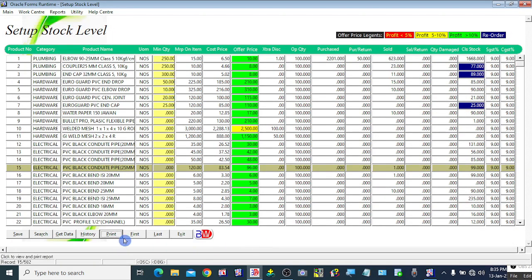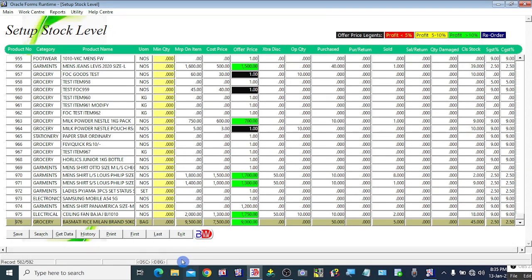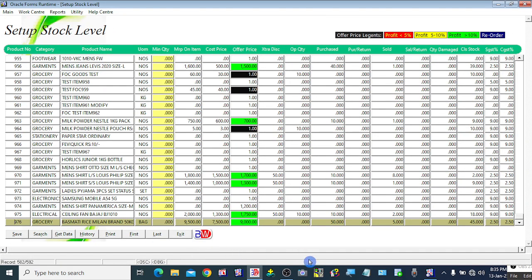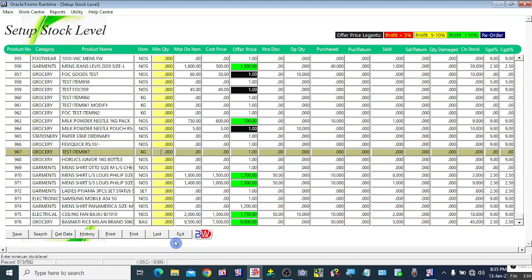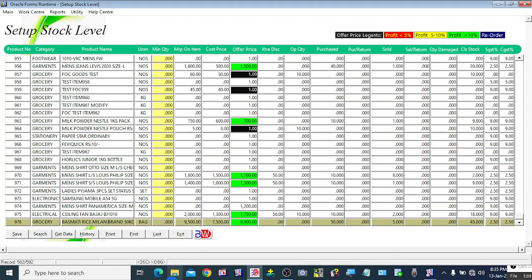At the same time, if you want to set up the minimum stock level of any product, place the cursor on a specific product. Here, I want to set up the stock level for the product Basmati rice Milan brand 50 kg bag.